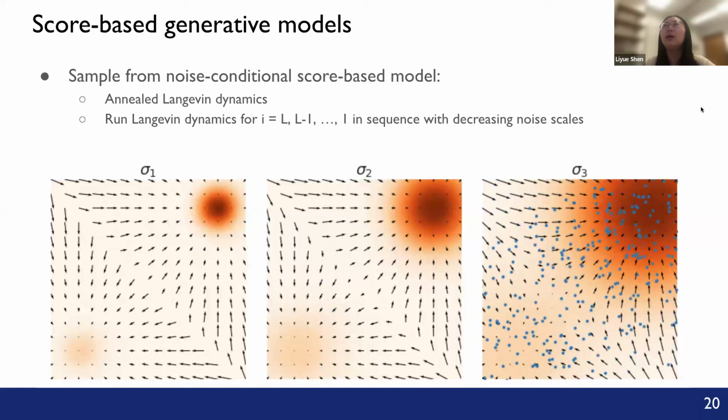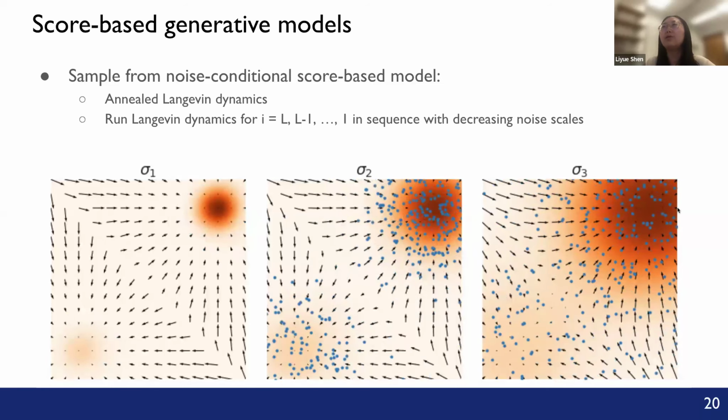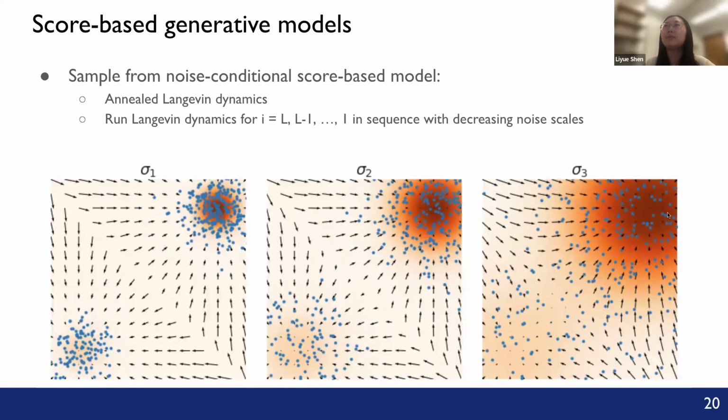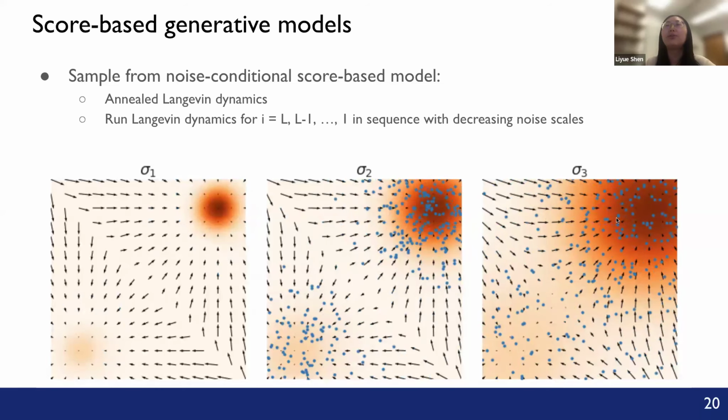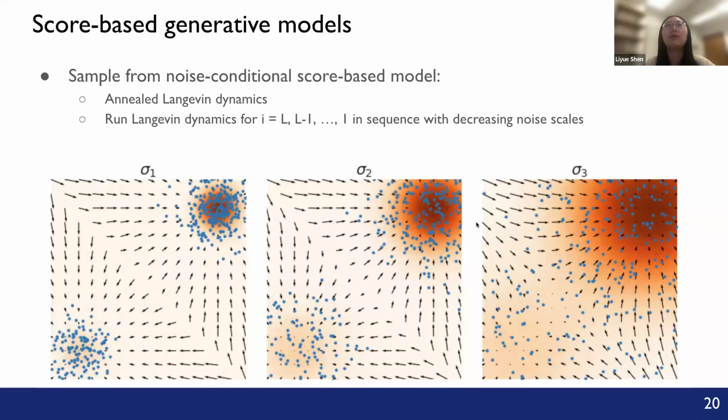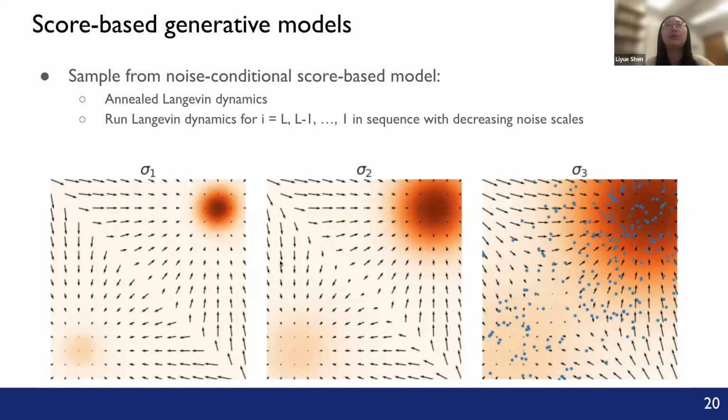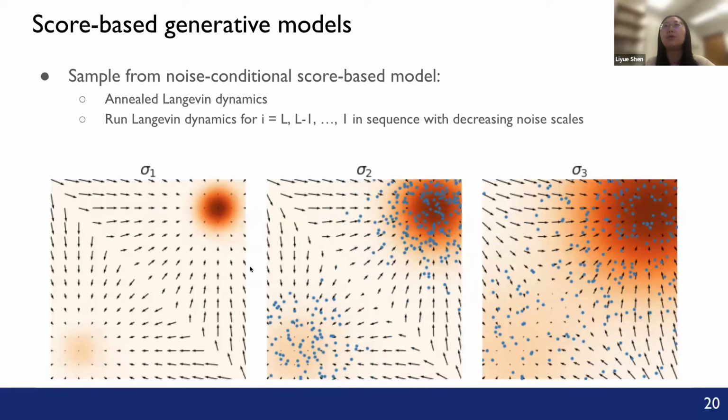As shown here, we can first sample to generate data from the perturbed distribution with a larger noise scale, then gradually decrease the scales of the noise, and finally converge to the original distribution p(x) that we really want to draw samples from.